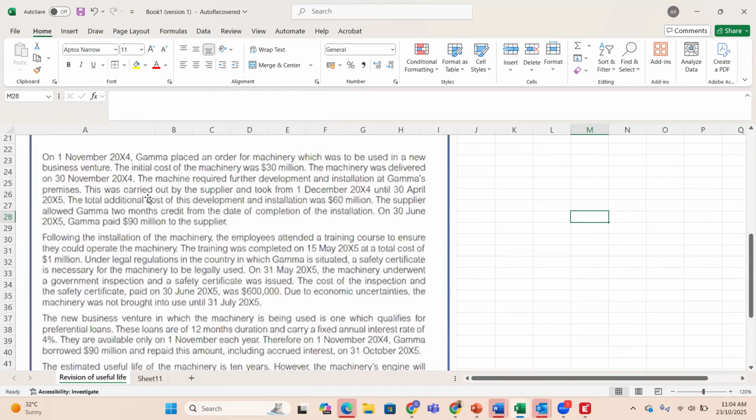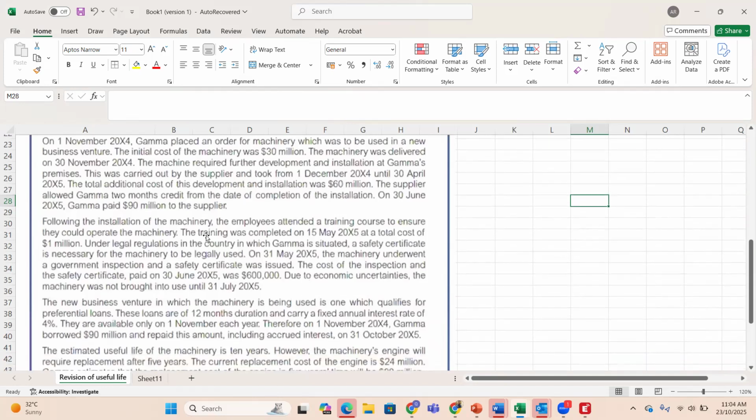Should be PPE. Following the installation of the machinery, the employees attended a training course to ensure that they could operate the machinery. The training was completed on 15th May 20X5. Okay, it's still within, we are looking at FS for 30th June, at a total cost of 1 million.